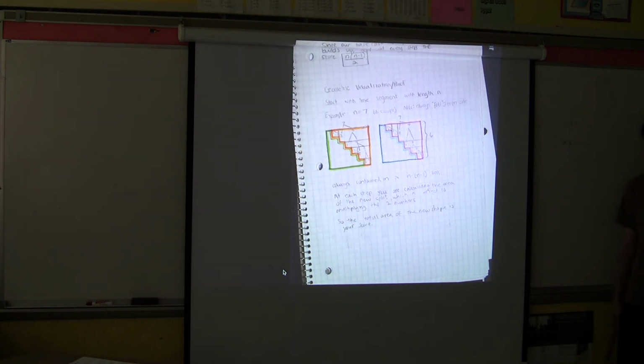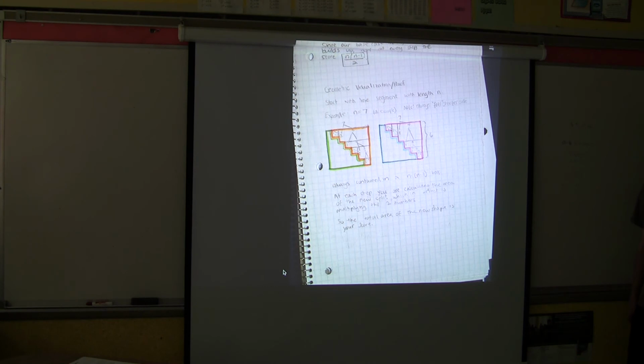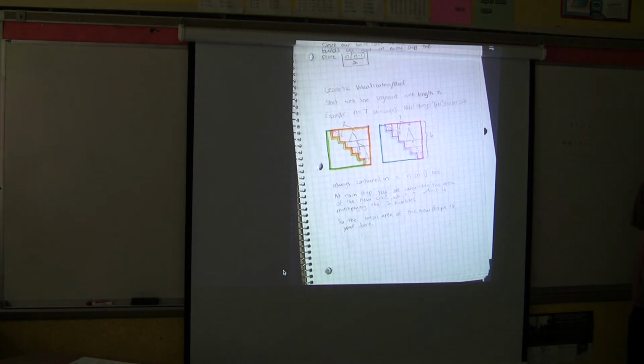So we noticed that it's always a staircase pattern, it's always going to look the same. You can't have an edge that's more than 1 by 1, because then you have to split it more, because you can't have a pile like that. We wanted to prove that it's always going to be the staircase.